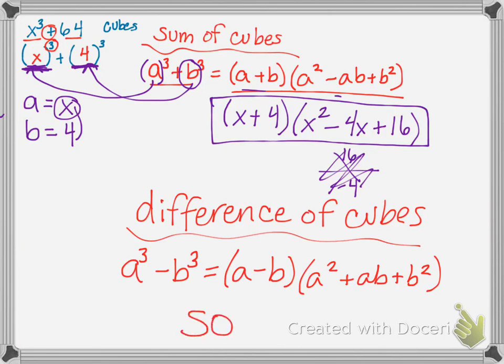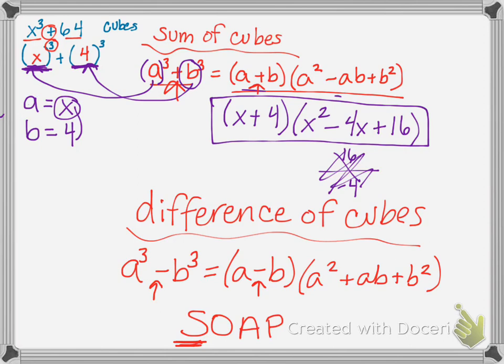But someone once told me about this acronym called SOAP. And this helps me remember this. The S means that the first sign right there is the same as the sign in the problem. So if it's a difference, your first sign is a subtraction. If it's a sum, like up there, your first sign is a plus.